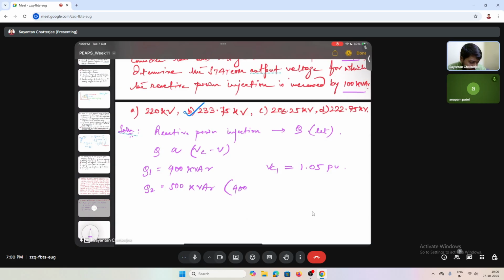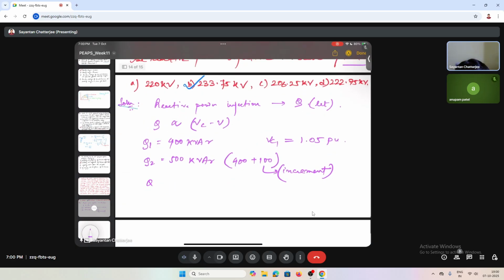So 400 plus 100, so this is the increment. So we can just solve one equation and get the final value. In all these cases, V will have to be maintained at 1 per unit.